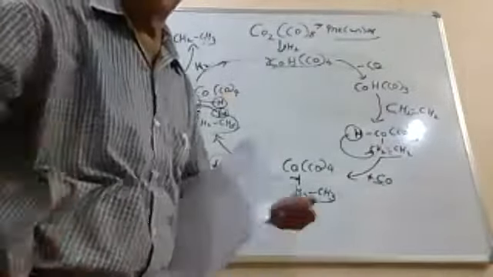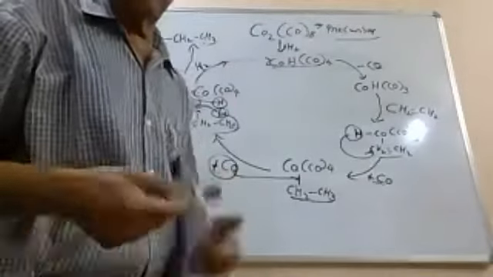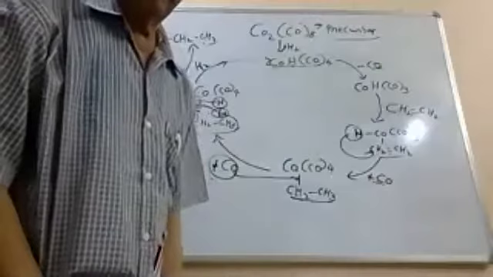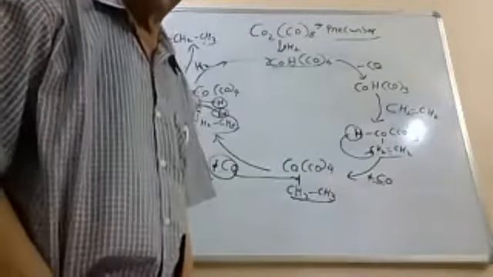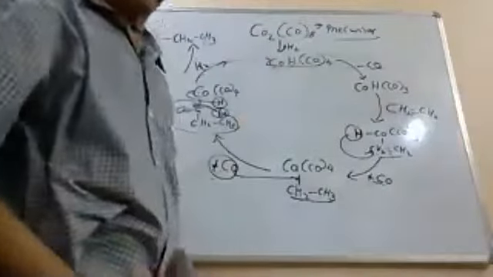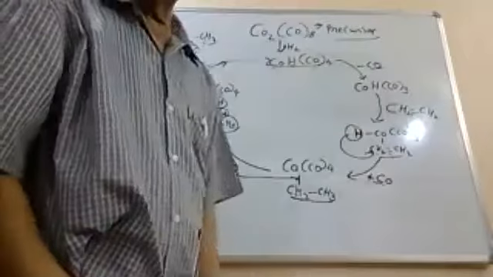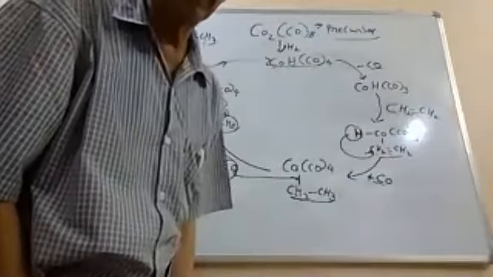Once you have the aldehyde, you can oxidize them to make the carboxylic acids, right? Or you can also make primary alcohols. So there are a lot of things that you can do. These are mostly organic transformations, but the heart of the process is a hydrido carbonyl cobalt complex. Am I making sense here, folks?